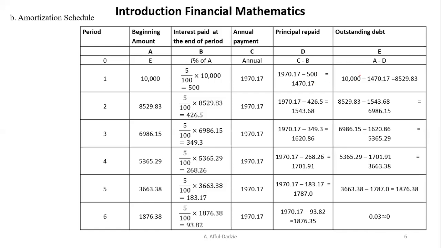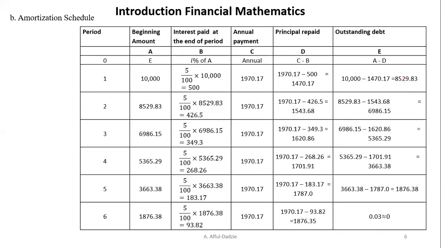So your debt at the end of period 1 is going to be 10,000 minus what is actually being paid off, which is 1470.17. So at the end of year 1, your loan is left with 8529.83.